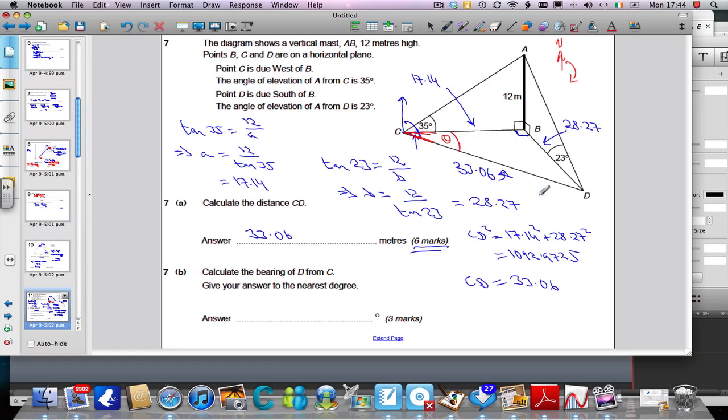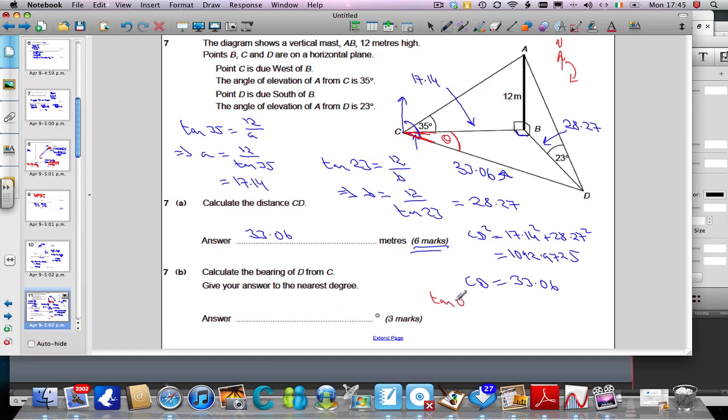Right, what do I know that I can use to get this angle? Well, you could use this or this. Any of these numbers will work. I'm going to use this one and this one. So in relation to this angle, that's the opposite, and this is the adjacent. So again, we're looking at tan.